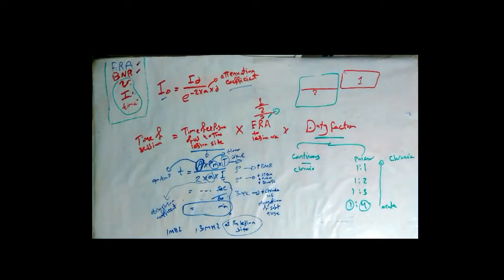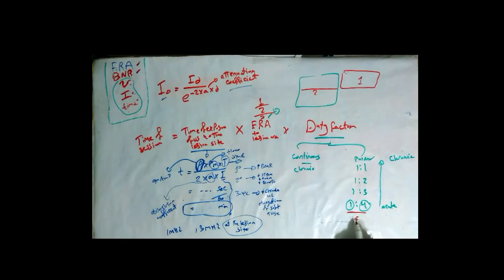For example, if I did this equation and the time calculated is 2 minutes, and my effective radiating area to the lesion area is equal to 1, so I will multiply by 1. And since it is an acute case, I will choose a pulse mode, and it is very acute, so I choose the 1 to 4 ratio. So I will sum these 2 numbers, which will equal 5.